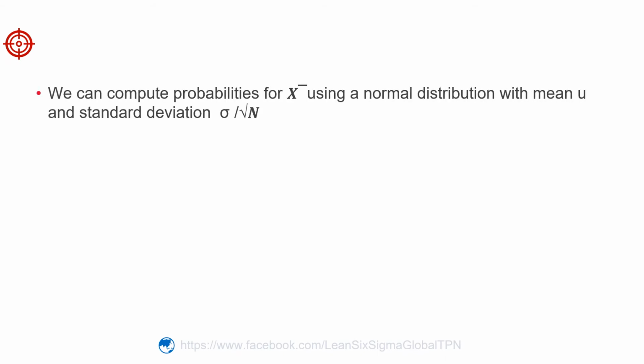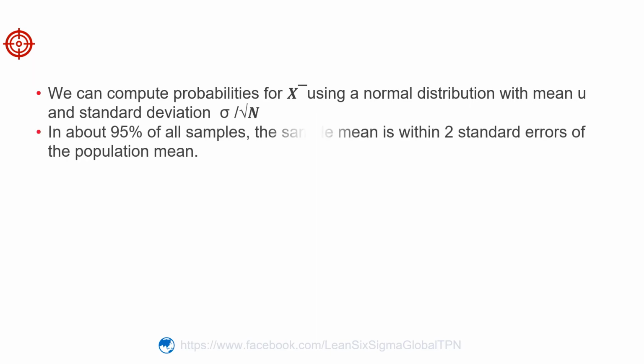Let's review. We can apply what we've learned about normal probabilities and the sampling distribution of the mean to make inferences about a population mean. For example, in about 95% of samples, the sample mean is within two standard errors of the population mean.